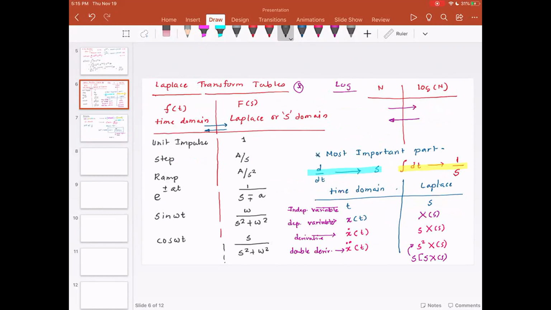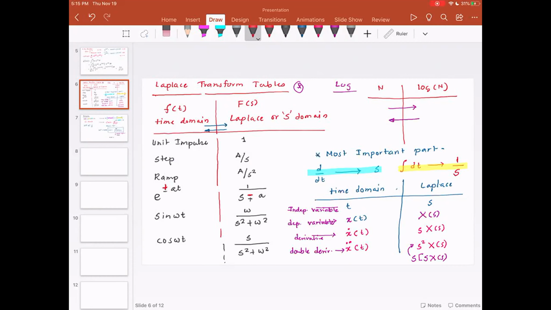So I kind of took a shortcut. If you have e to the plus at, in Laplace domain it becomes s minus a. If you have e to the minus at, in Laplace domain it becomes s plus a. I see. Thank you.